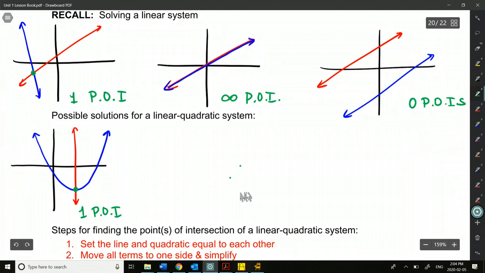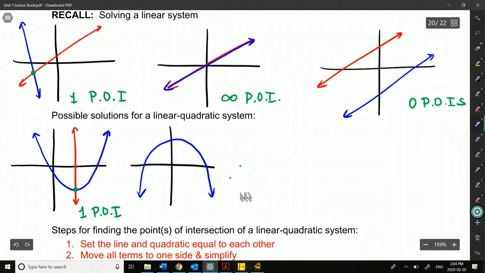There's also another way that we can have a point of intersection, and you may see this word used in some future questions. So we can have 1 point of intersection like that, or I can also have, let's say I have my quadratic here, a line that skims the outside of a quadratic exactly at one single point. So it just crosses at that one single point.